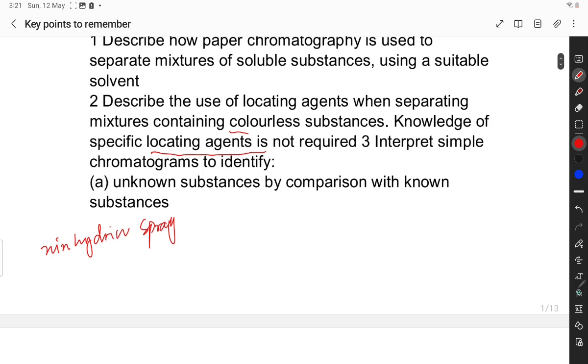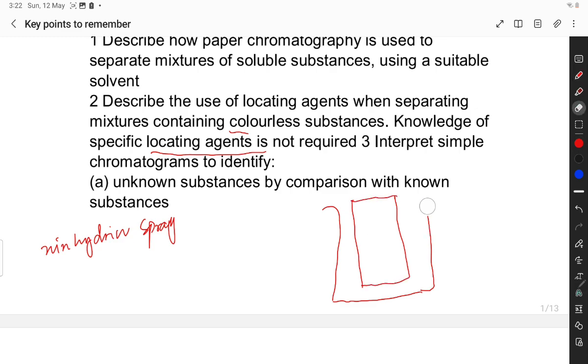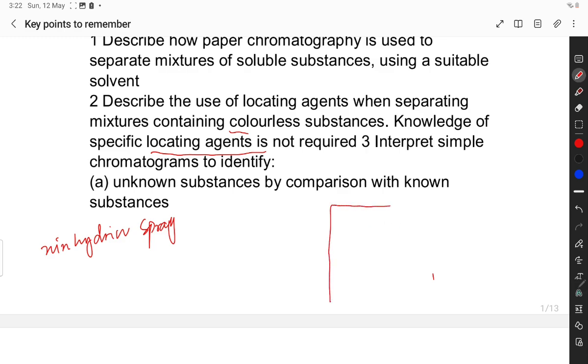And this is the apparatus of the chromatogram. This is the beaker, and place the chromatogram paper over here. This is the chromatogram paper, placed in the beaker containing solvent, and place a lid on this apparatus.